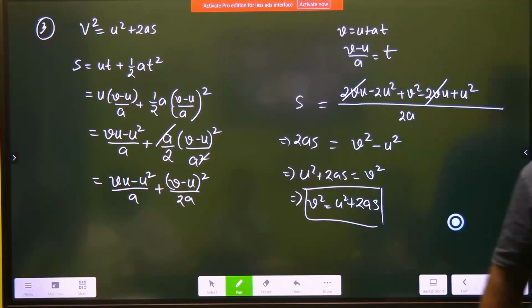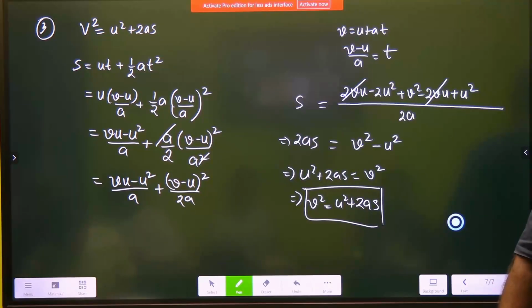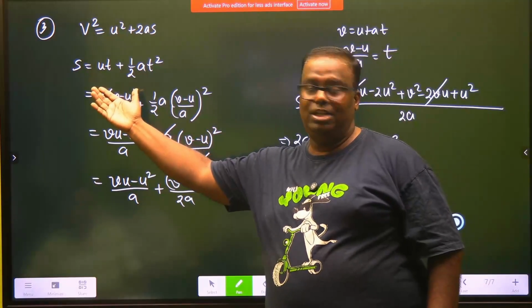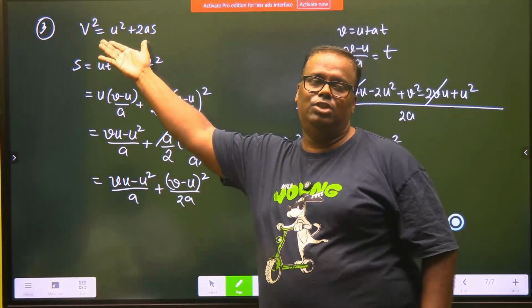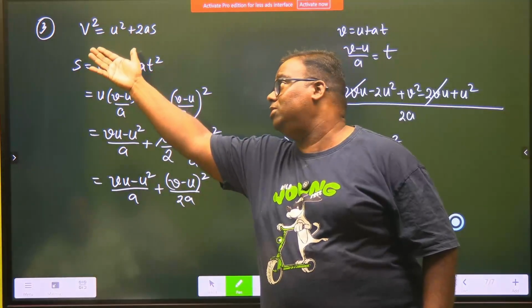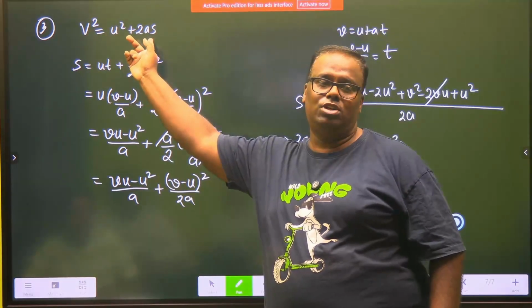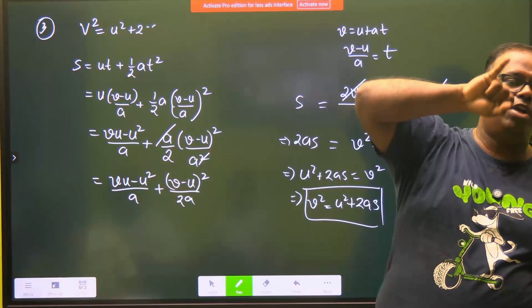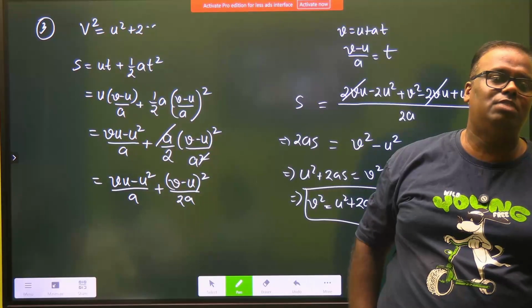You have to get this proof, deduce this equation. In order to deduce this equation, you've got something called S. Before the start of the three equations, you know only one value. Acceleration is equal to change in velocity by time.